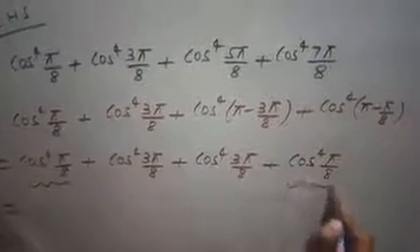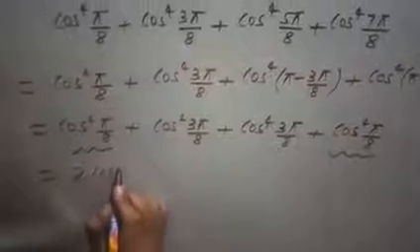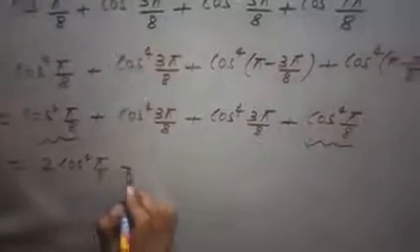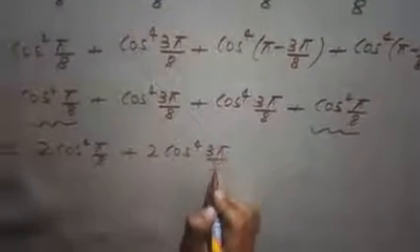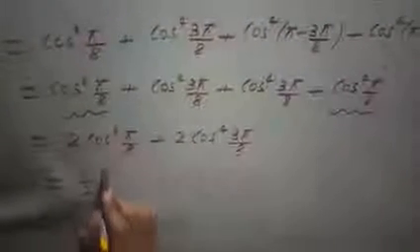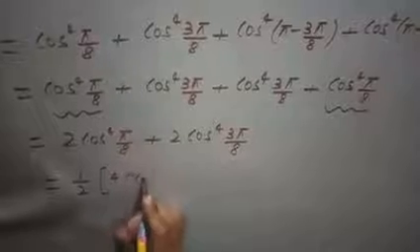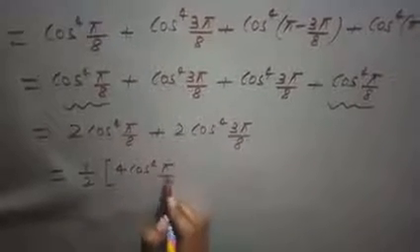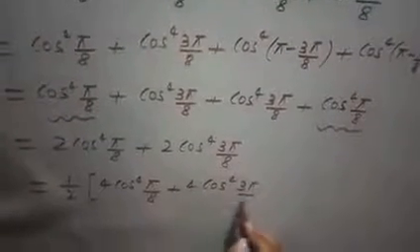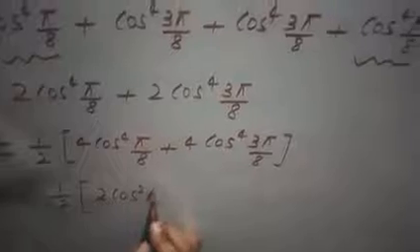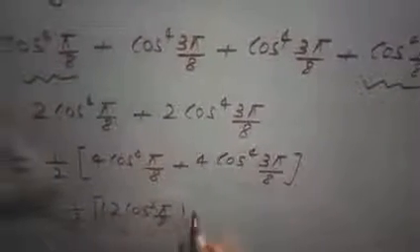we can write 2 cos 4 pi by 8 plus 2 cos 4 3 pi by 8. If we multiply by 2 and divide by 2, that is 4 cos to the power 4 pi by 8 plus 4 cos 4 3 pi by 8. Why did I do it? You can see 1 by 2, that can be written as 2 cos square pi by 8 whole square.